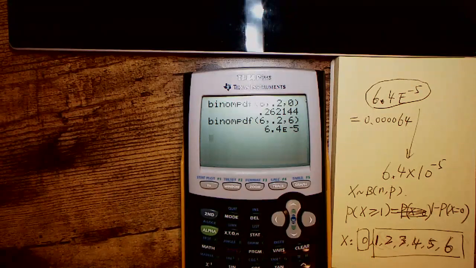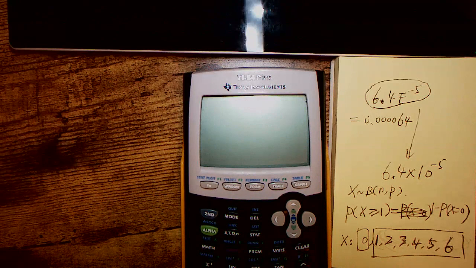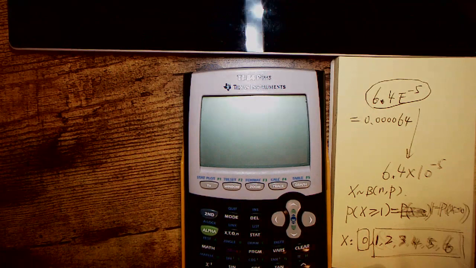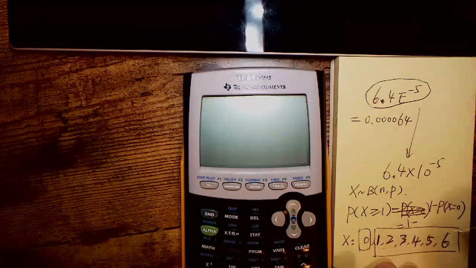Do you still remember that from chapter 4? You should, because this week you have to use it for the test. If two events are complements, then their probabilities add up to 1. So since X bigger than or equal to 1 is the complement of X equals 0, the probability of X bigger than or equal to 1 equals 1 minus the probability of X equals 0, right? Do you remember the probability of X equals 0?